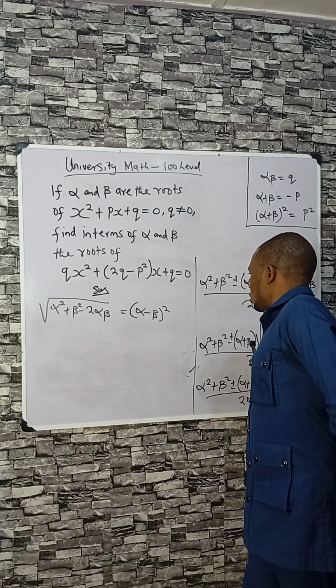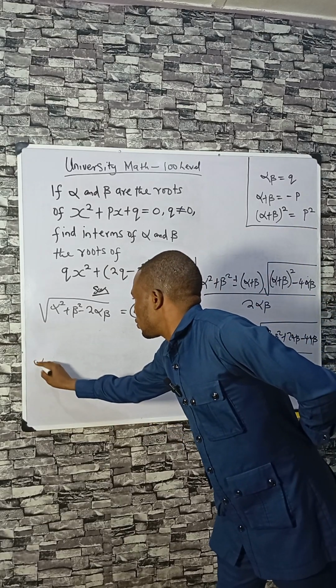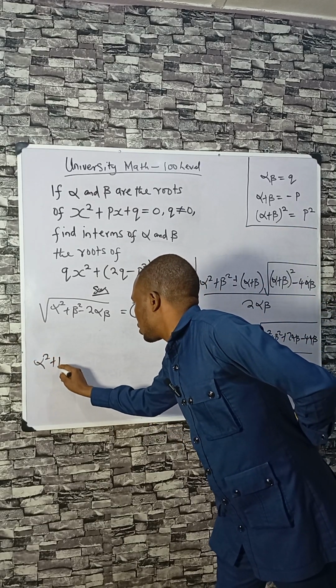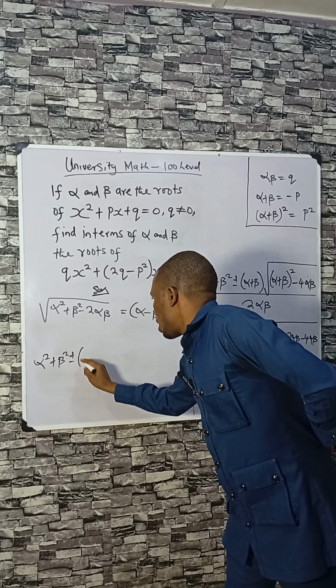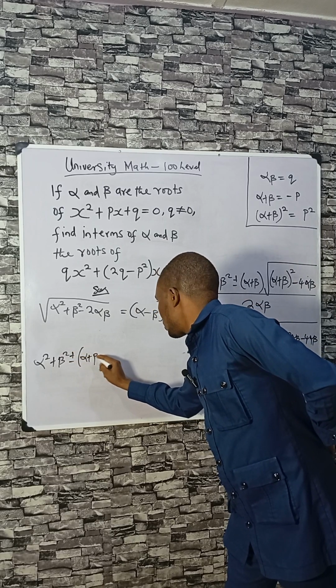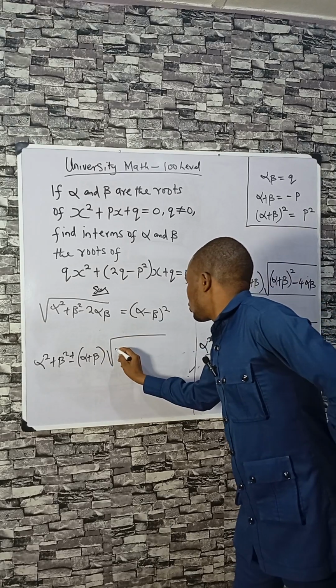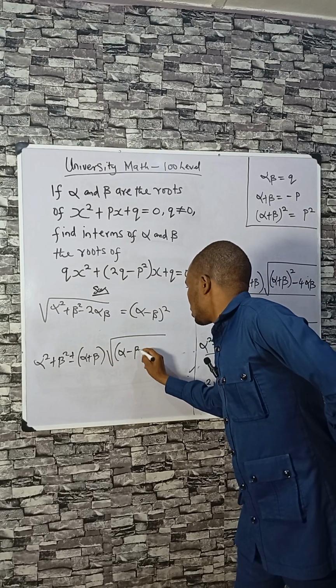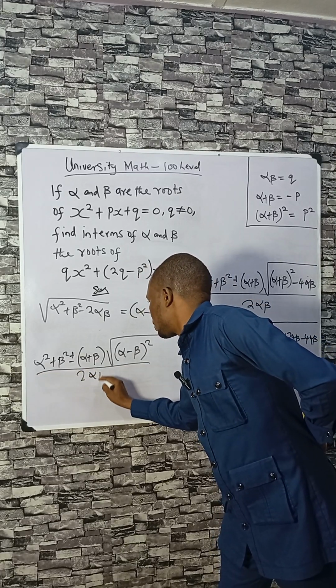You can have the whole of this written as, going back to this place, alpha squared plus beta squared plus or minus alpha plus beta, then the whole bracket replaced with alpha minus beta all squared, divided by 2 alpha beta.